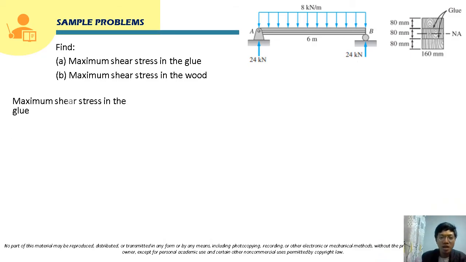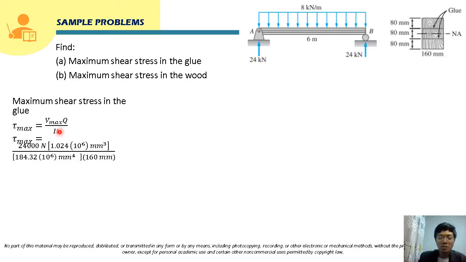Okay, for our next step, we can now calculate the maximum shear stress in the glue by using this formula. So, this is tau sub max is equal to VQ over IT. So, yung V natin, class, yan yung maximum shear force na nakuha natin from the shear diagram. So, yun ay 24 kilonewton, so 24,000 newton. And then, our Q is 1.024 times 10 raised to 6 millimeter cubed. And then, our I is 184.32 times 10 raised to 6 millimeter to the fourth.